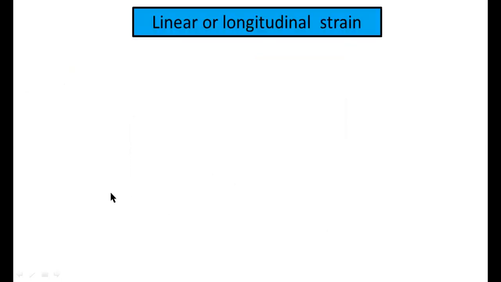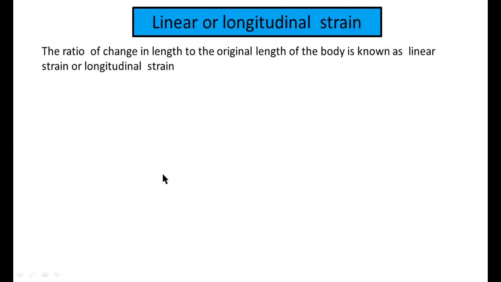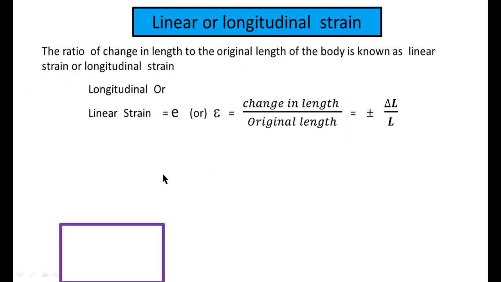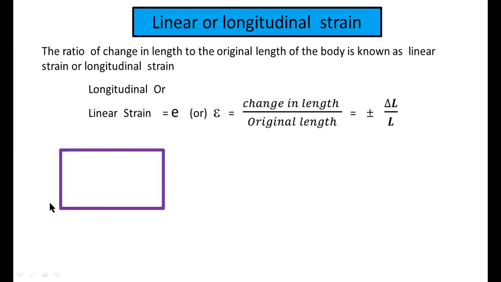I will explain them one by one. Linear or longitudinal strain: the ratio of change in length to the original length of the body is called linear or longitudinal strain.